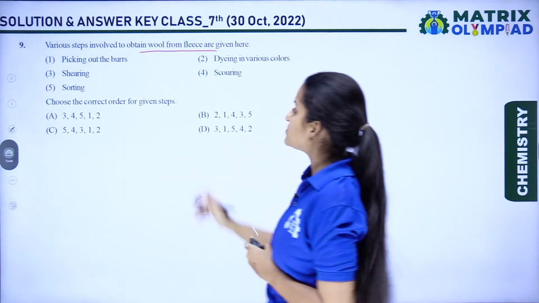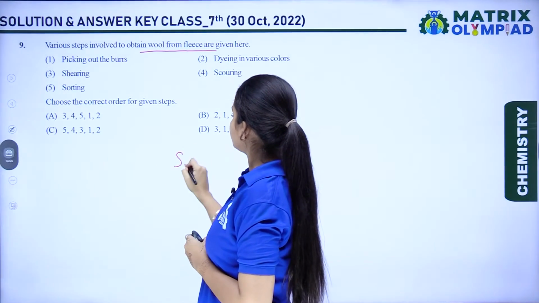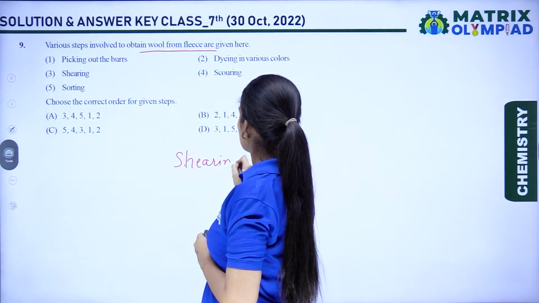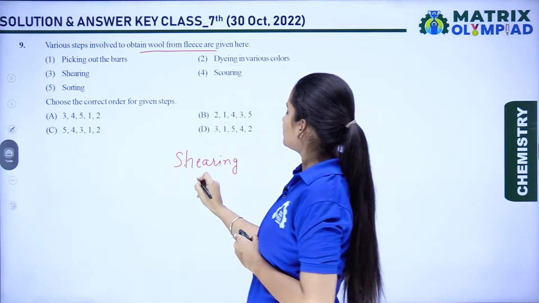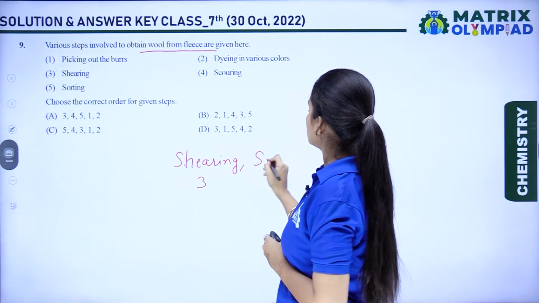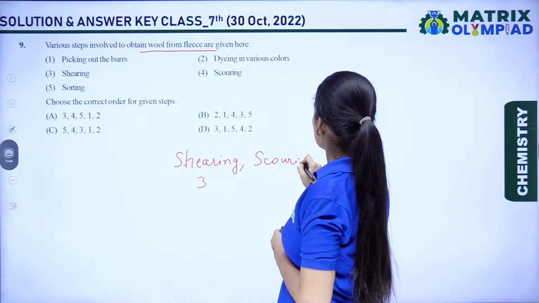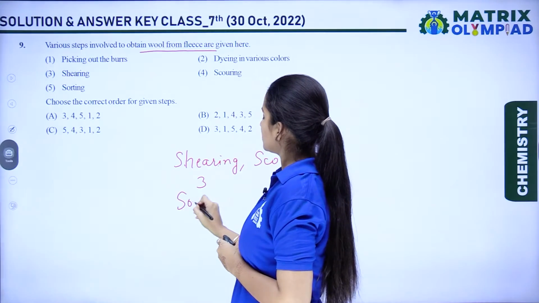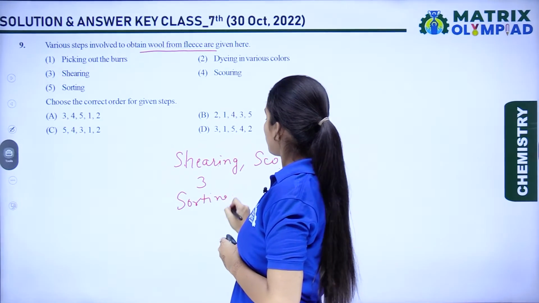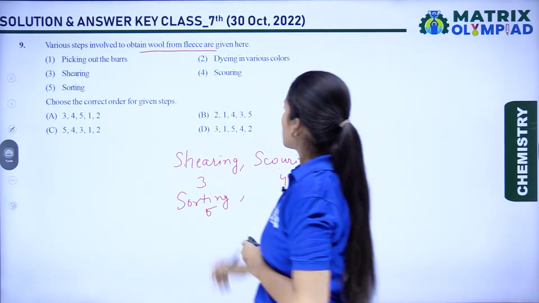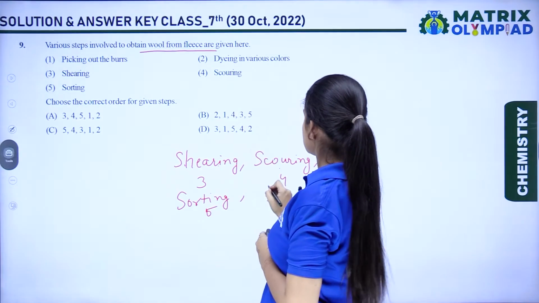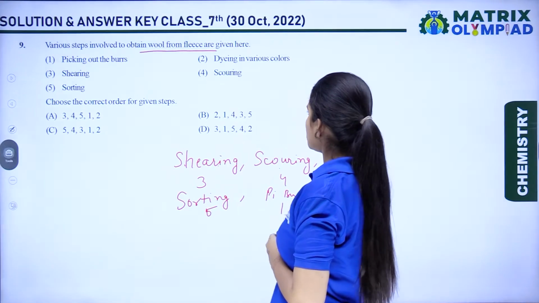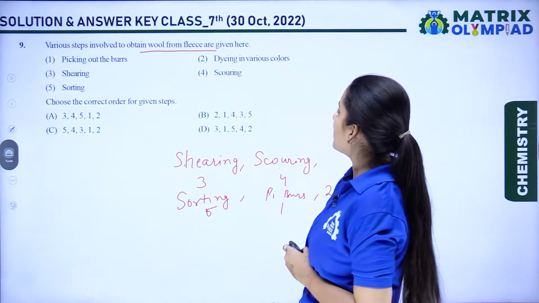First step is shearing, which is number 3, then scoring, which is number 4, then sorting, which is number 5, then picking out the burrs, which is number 1, then 2, dyeing in various colors.